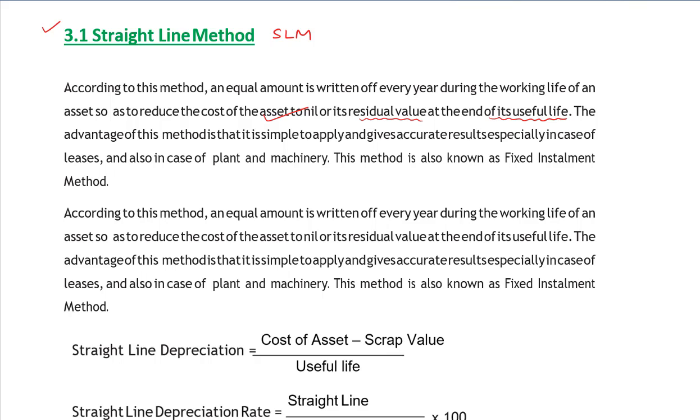The advantage of this method is that it is simple to apply and gives accurate results, especially in case of lease and also in case of plant and machinery. This method is also known as the fixed installment method.